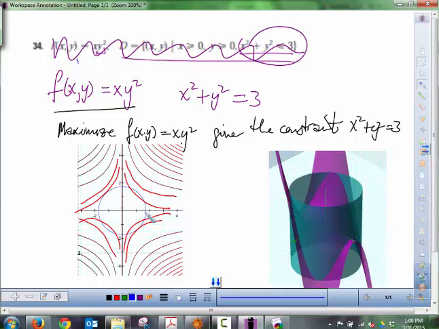So I am concerned, though, about the heights of these functions, specifically on this circle, which I'm calling the constraint.